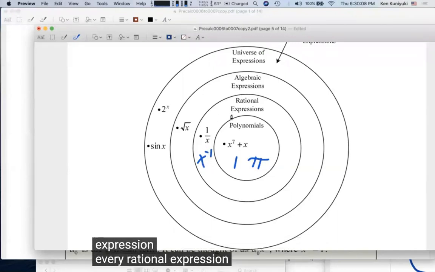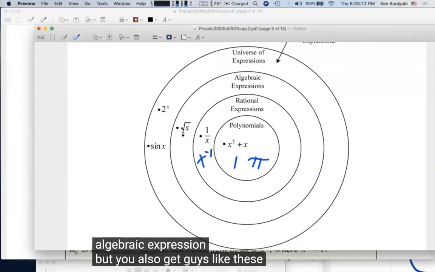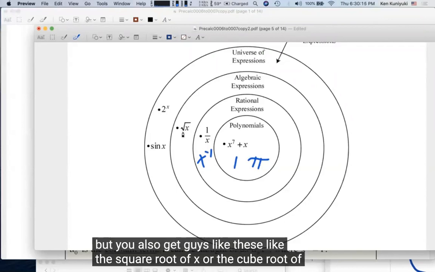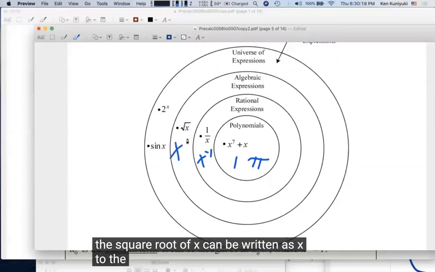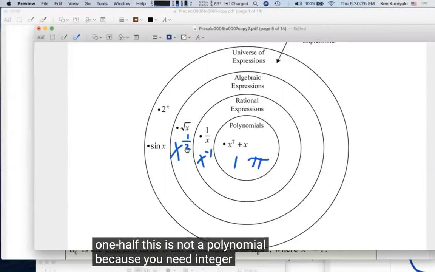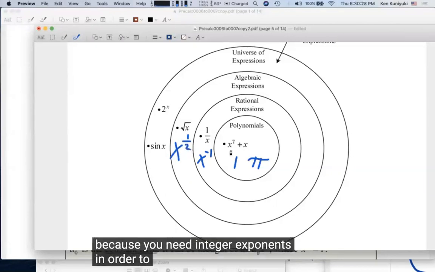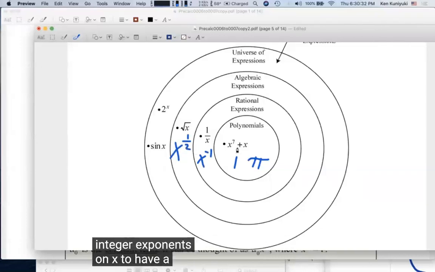Every rational expression is also an algebraic expression, but you also get guys like the square root of x or the cube root of x. The square root of x can be written as x to the 1/2. This is not a polynomial because you need non-negative integer exponents on x to have a polynomial.